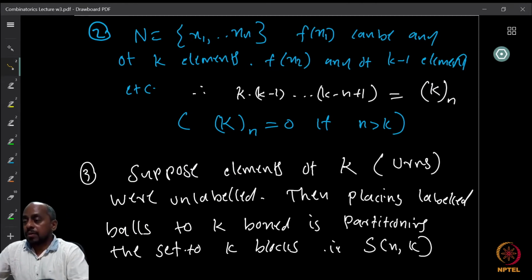Now if the boxes were unlabeled, then placing the labeled balls to k boxes is basically partitioning the set n to k blocks. Because we are just saying that they are unlabeled, so which box contains what is not important, but how many elements or which elements are there in each box is the only thing that makes a difference. So therefore it's basically partitioning the set n into exactly k blocks.